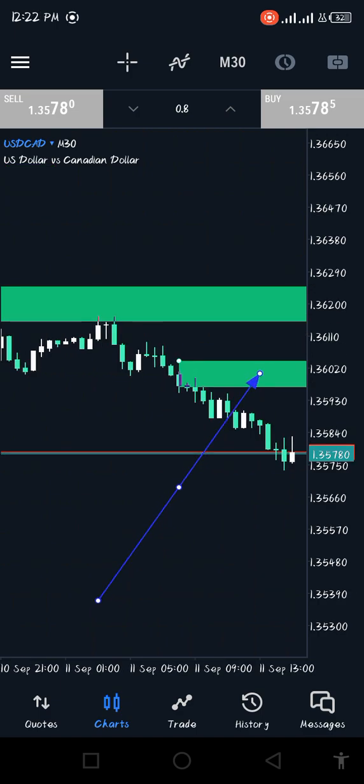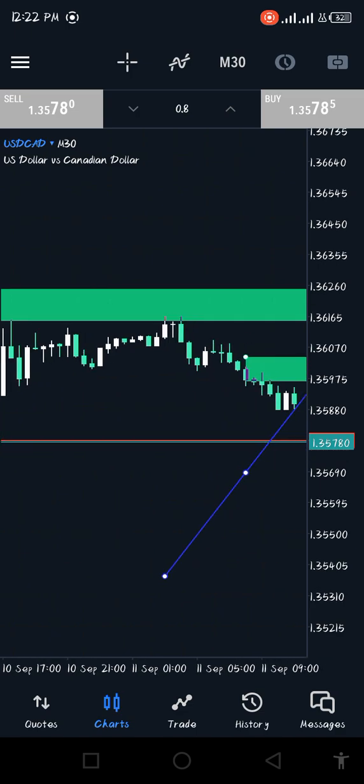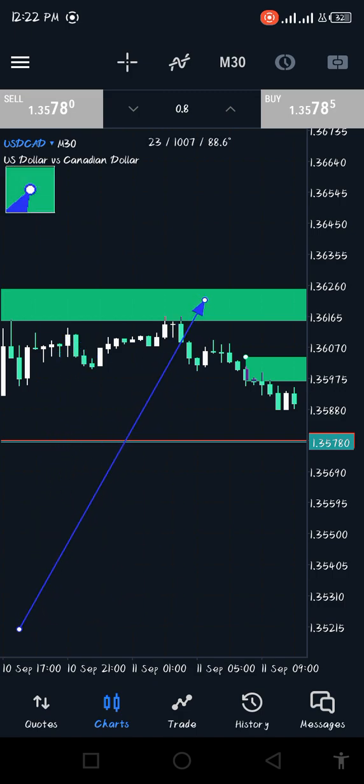If we can have an engulfing candle, let's have this candle, this candle is engulfing the body of this candle. So if we can have those types of candle in the zone, then we can consider taking selling opportunities from those zones.